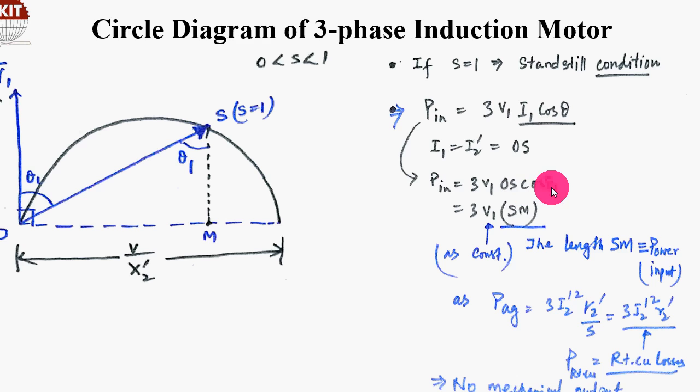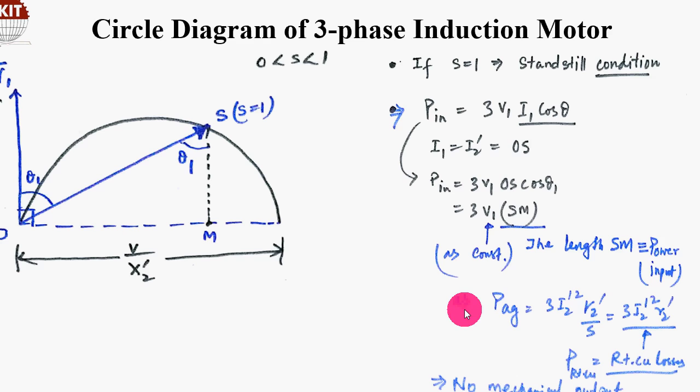So OS cos theta 1 can be replaced from this triangle by the length SM, because this is the cosine of the hypotenuse. As the voltage value is constant, the length SM indicates the power input to the motor. I repeat, for constant voltage, the length SM is equivalent to the power input to the motor at standstill condition.